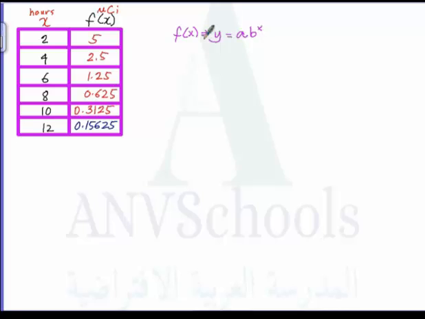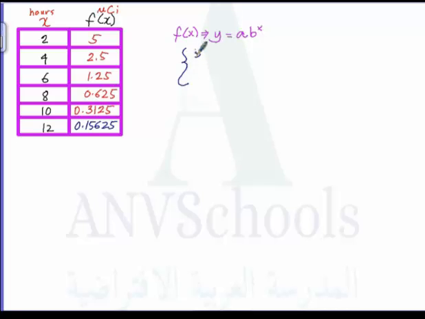So we are about to have the first 2 pairs of points. If our x is 2, then our y is 5, and if our x is 4, then we have 2.5.